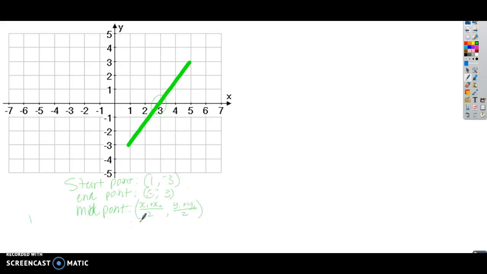Here my x1 is 1, x2 is 5, and I divide those by 2. y1 is -3, y2 is 3, I divide those by 2. So I end up with 6 over 2, and -3 plus 3 is 0 over 2. Therefore I have my point at (3, 0), which is what I anticipated in the first place.